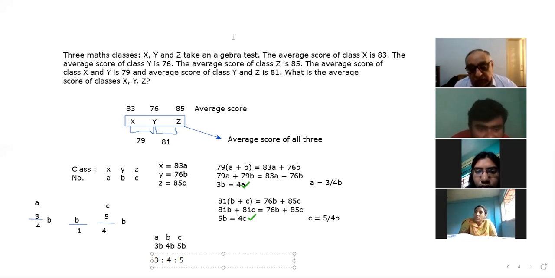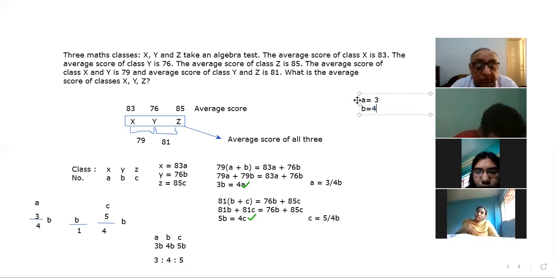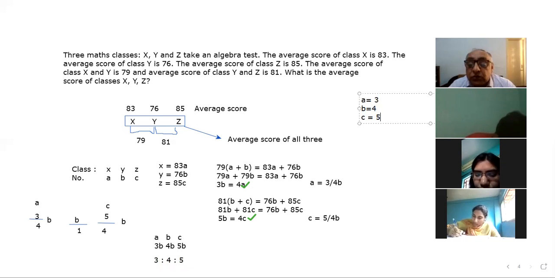So now what's there in our question? A's value is equal to 3, B's value is equal to 4, and C's value is equal to 5. So this is given here, 3:4:5.